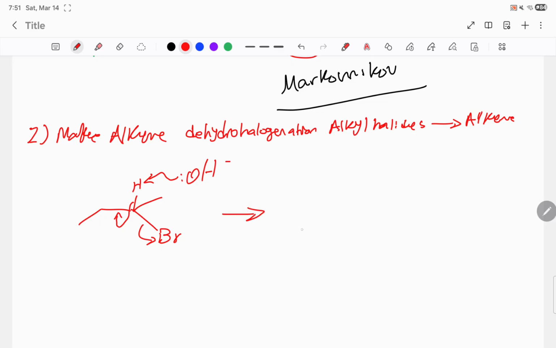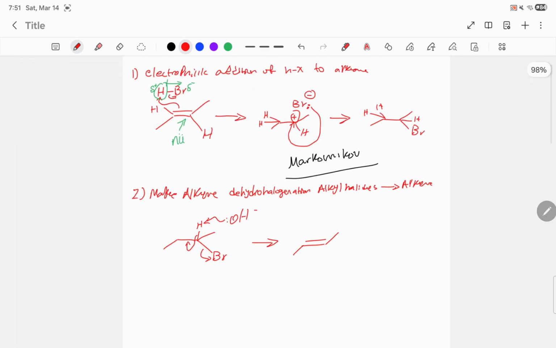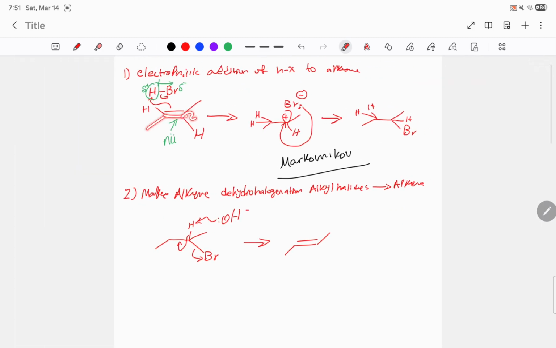And we will generate, boom, our alkene back. Here's that same alkene that I had. I generated it back from eliminating a hydrogen and a halogen, a dehydrohalogenation of my alkyl halide.